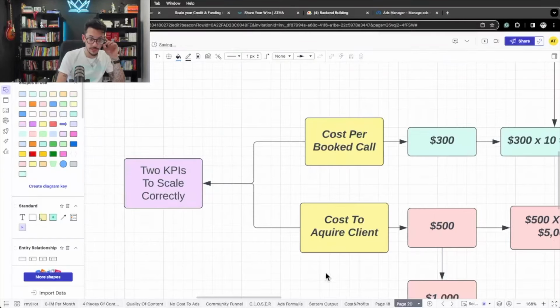The two key KPIs for you to scale correctly will be cost per booked call and cost per acquisition.